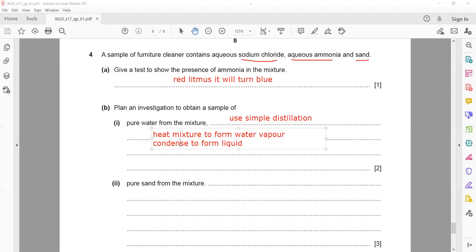And if you want to separate the sand from this mixture, how can we separate it? We can use filtration or decanting, both can be used. First mention the name of the technique, filtration, and how it is done, because it's 3 marks. Use a funnel with a filter paper.